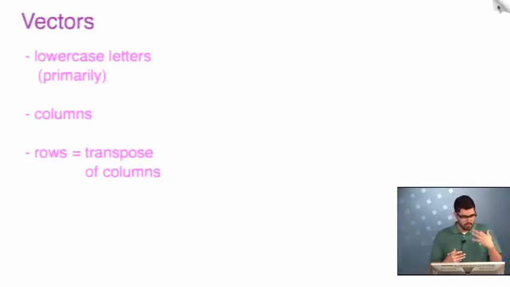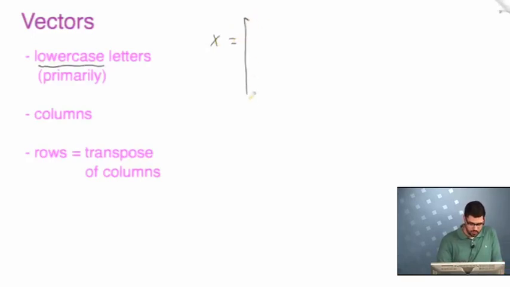So in this class, we're going to use lowercase letters primarily, could change, but lowercase letters as vectors. And vectors, we'll always consider vectors as column vectors. So here we have a vector, and it's a column vector, and it has scalar elements.